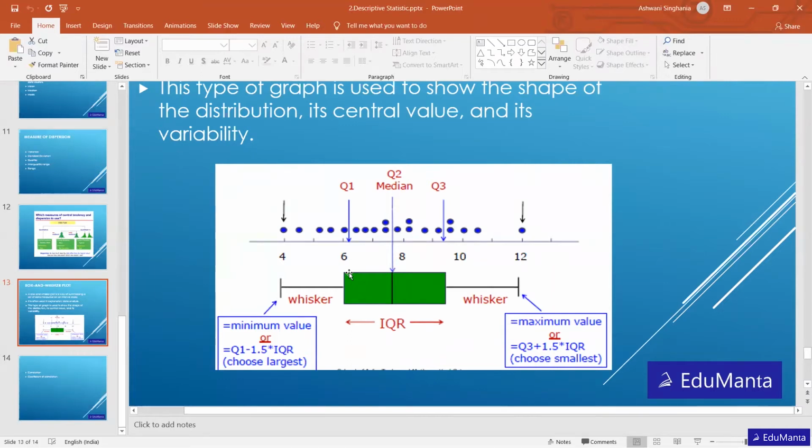We have already covered Q1, Q2 and Q3, that is quartile 1, median and quartile 3, and how we calculate it.